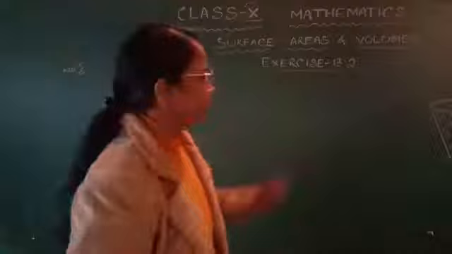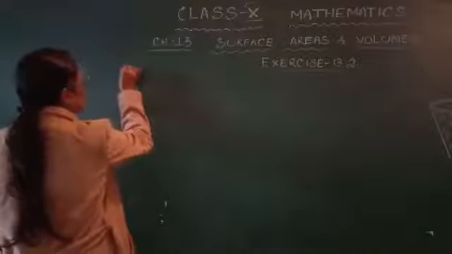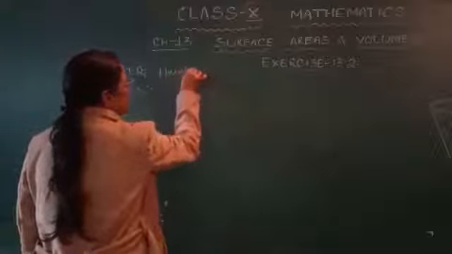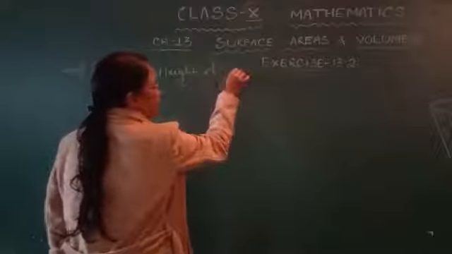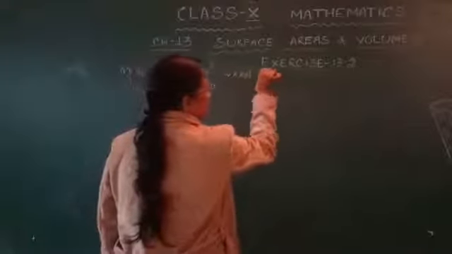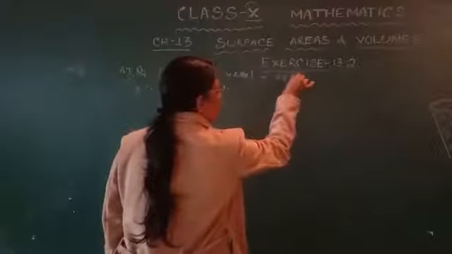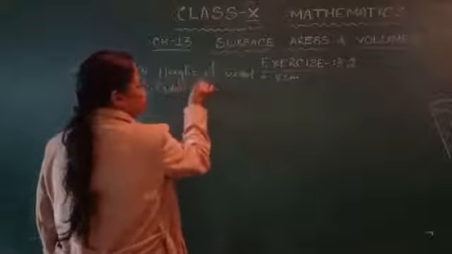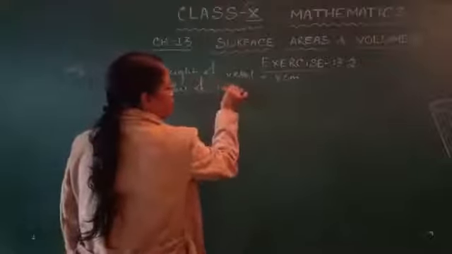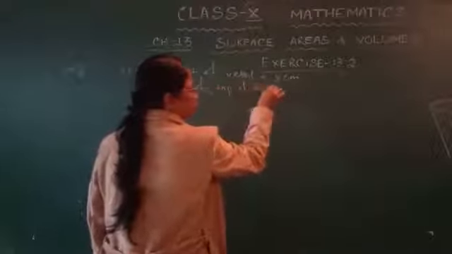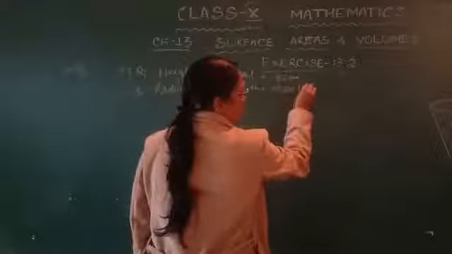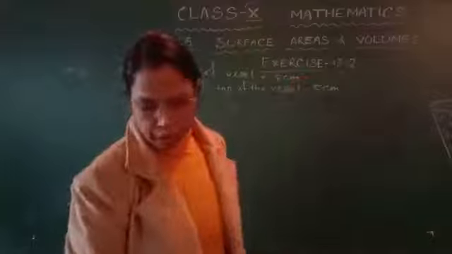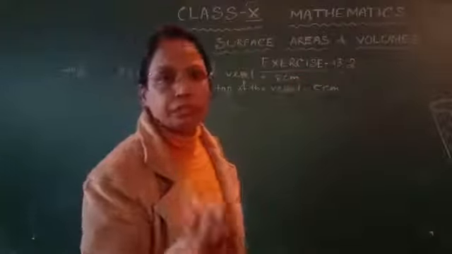Okay, so here we write, now the height of the vessel, according to the question, height of the vessel is equal to 8 centimeter. Radius of the top of the vessel is equal to 5 centimeter. Then the radius of lead shots.